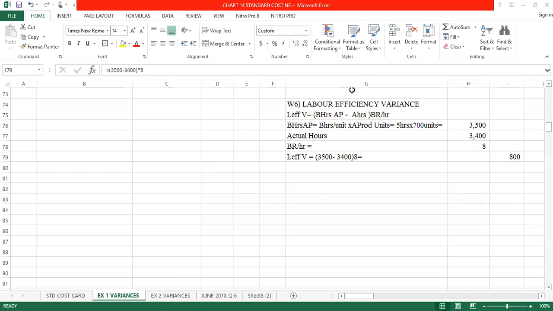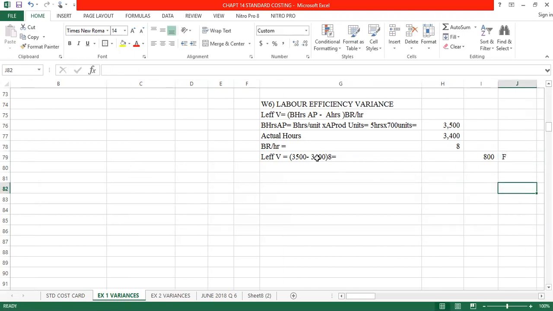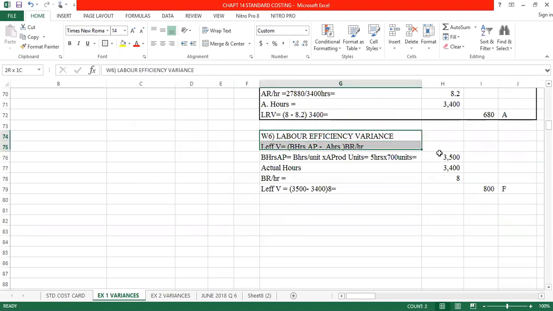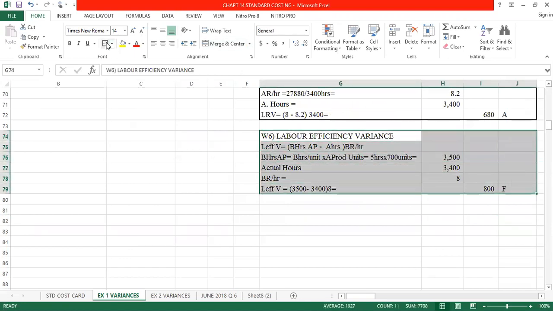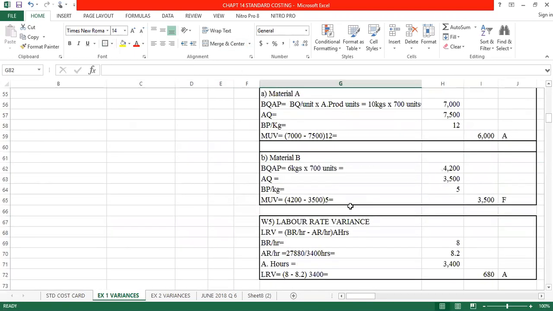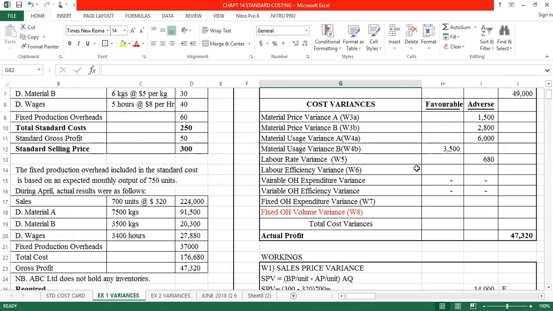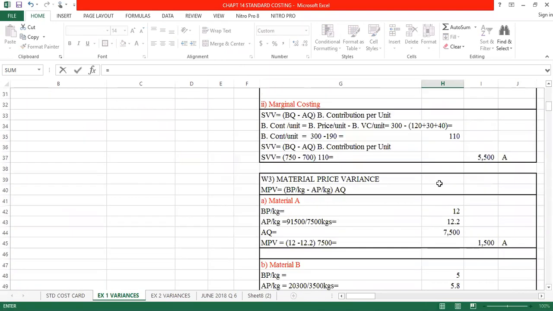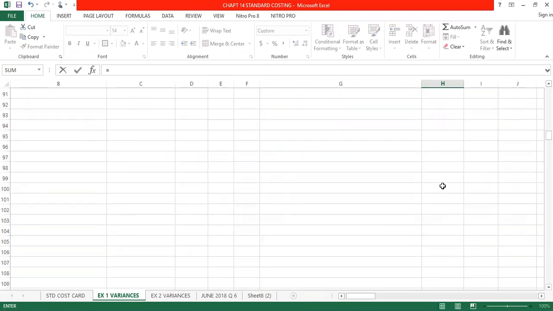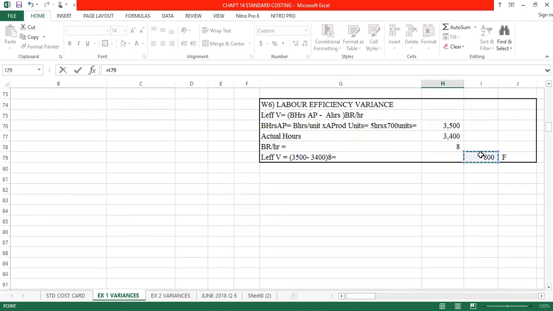It is F. Why F? We used less hours than budgeted. So labor efficiency variance is 800 F.